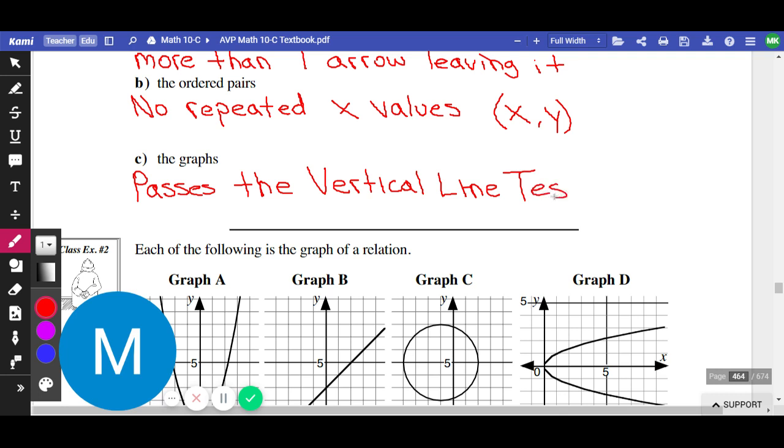For short, we call this the VLT. And I believe at the top of your next page, there's an explanation of what VLT is. I'm about to explain it right now so you can see what a VLT is. I've never done VLT on this, so we'll see how it works. On a smart board with like our old notes, it was really easy to kind of visualize it. So it's going to be a little trickier this time. So we'll figure it out.